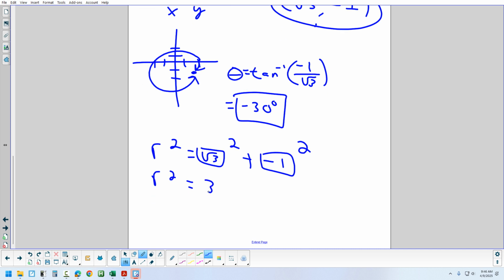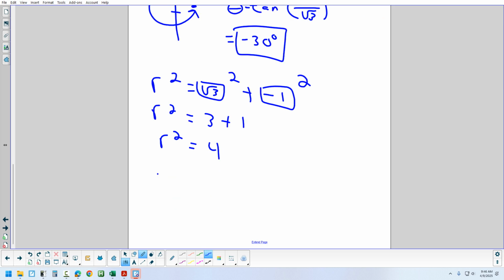What's negative 1 squared? 1. 3 plus 1 gives me 4. And if r squared is 4, that means r would equal, 16. Well, we're not squaring it again, we're square rooting it. Sorry, 2, yeah, good. There you go. So there's your radius, there's your angle.